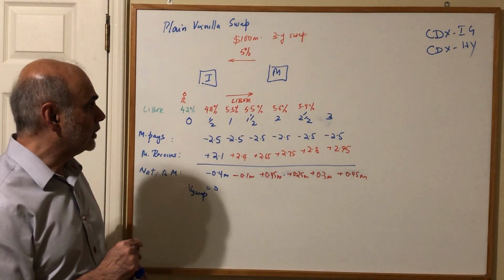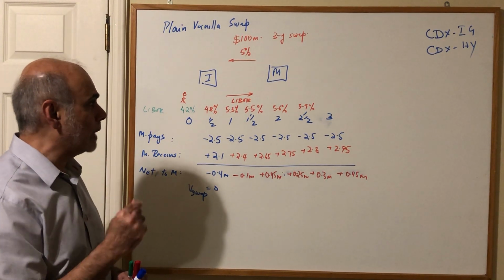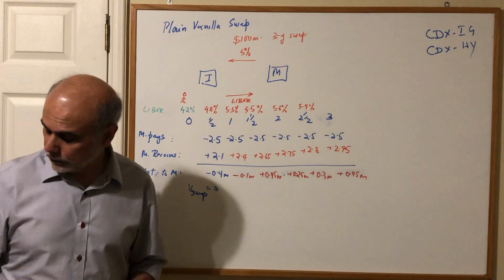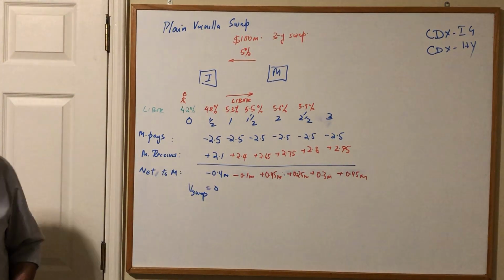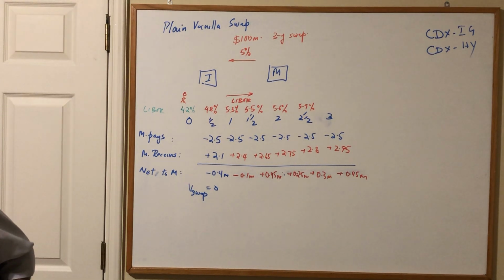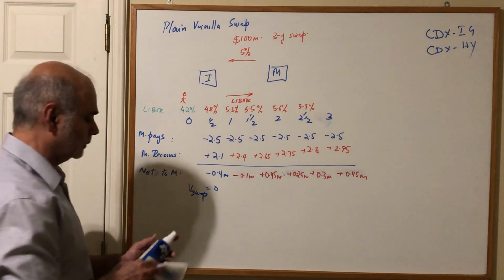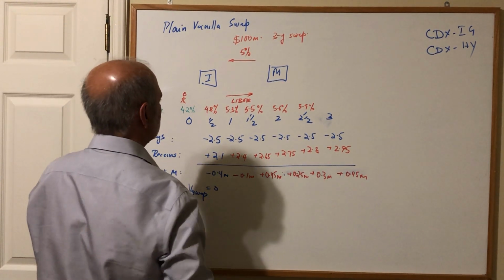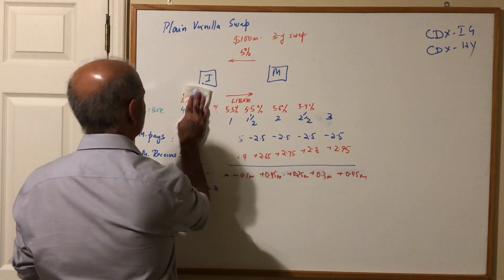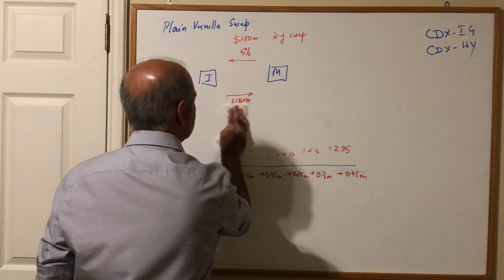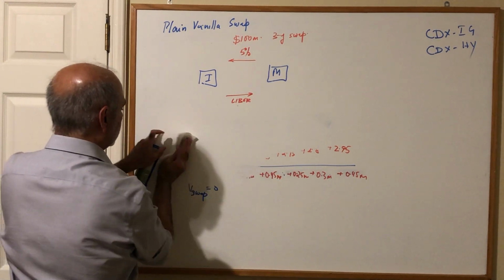So now we're going to look at the same swap from a hedging perspective. Let me erase some of this stuff. I'll keep the swap over there. It's just these cash flows I don't need.